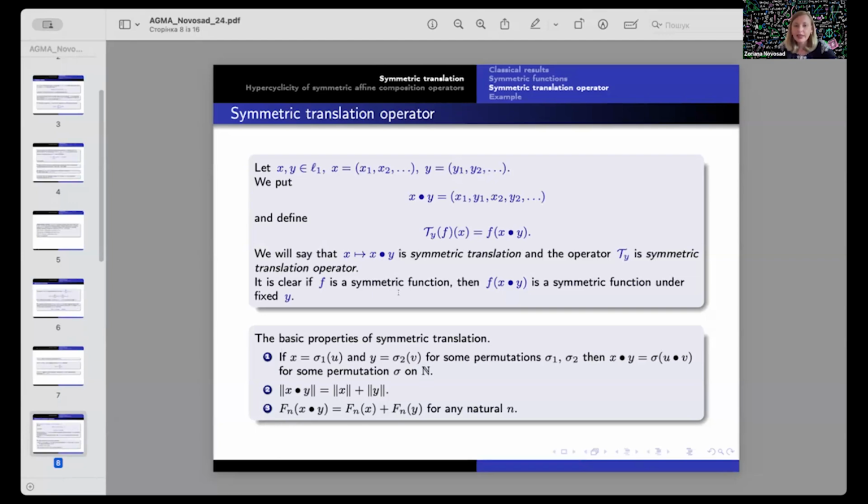It is clear that if f is a symmetric function, then f(x∘y) is a symmetric function for a fixed y. We have the following basic properties of symmetric translation. These properties are very convenient for proving the results.